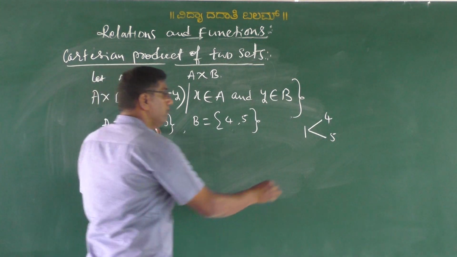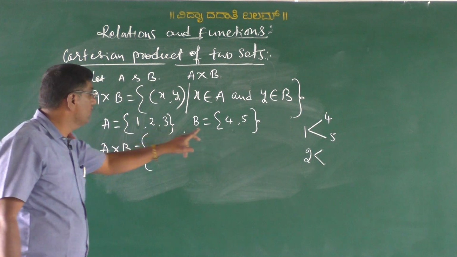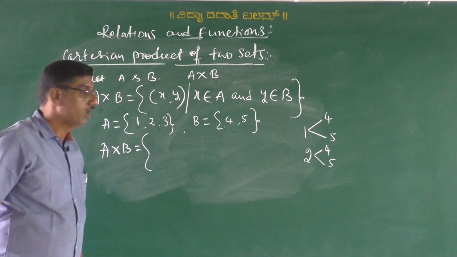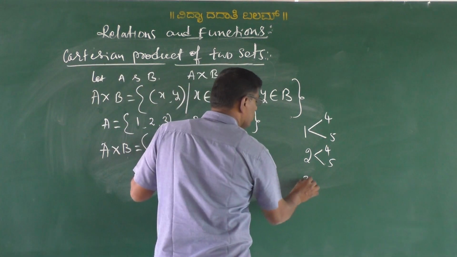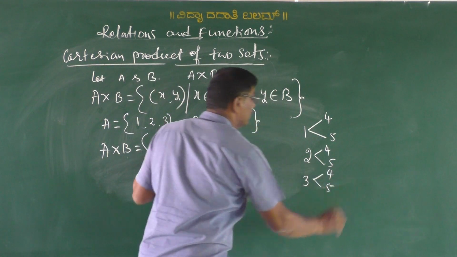Next, the element 2 is formed with 4 and 5, and also the third one, the element 3, is formed with 4 and 5.